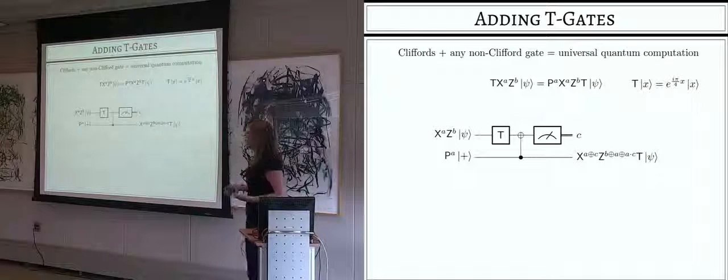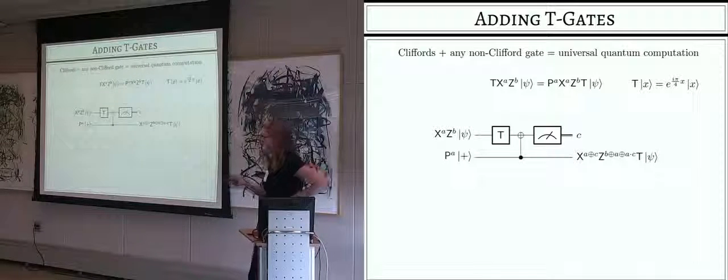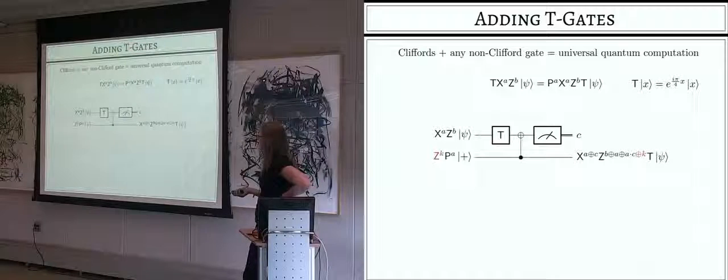So we're going to use this kind of gate teleportation idea. So if the evaluator has such an auxiliary state, they can use it to apply P to the A. Since we don't want them to know A, we'll just hide it by applying Z to the K for a random K. And this allows a T gate to be applied through the encryption and gives us another Pauli here.